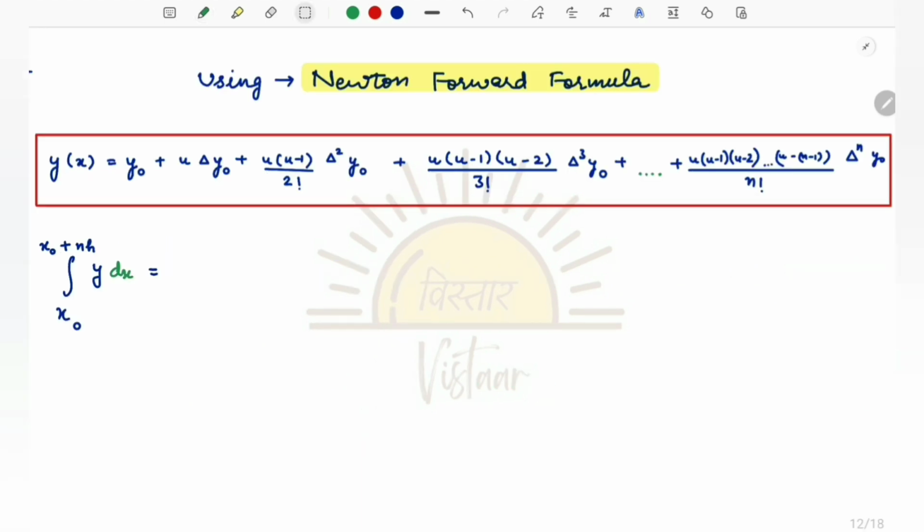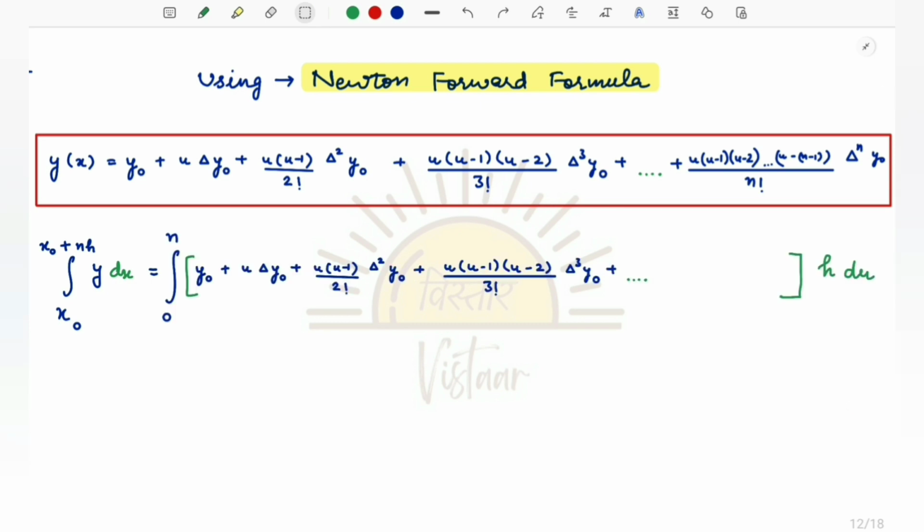Let's use the Newton forward formula to calculate this integral. We can expand y as y0 plus u into delta y0 plus u into (u minus 1) by 2 factorial delta square y0 and so on. And you can see that I have replaced dx by h du. As this h is constant, you can take it common and we have to integrate the rest of the terms with respect to u.